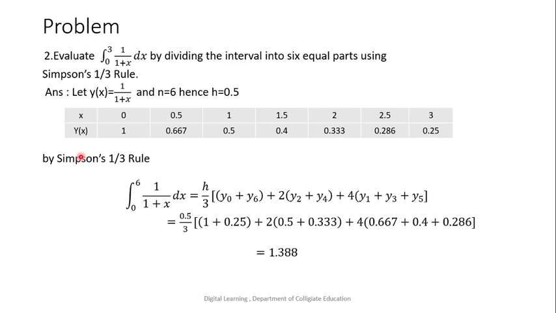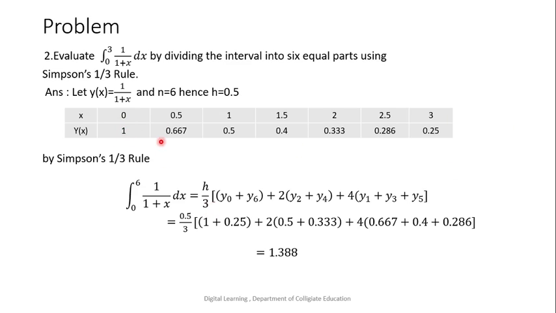Now write the Simpson 1 by 3rd rule formula. What is the formula for Simpson 1 by 3rd? Simpson 1 by 3rd rule is given as integral from 0 to 3 of 1 divided by 1 plus x into dx is equal to h by 3 times the sum of extreme terms.